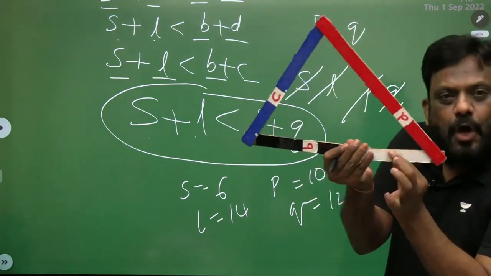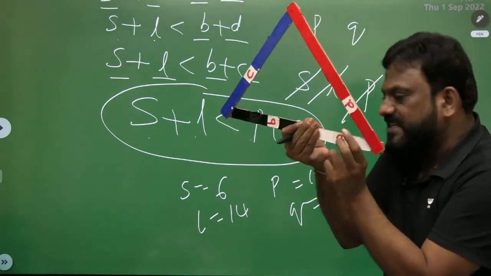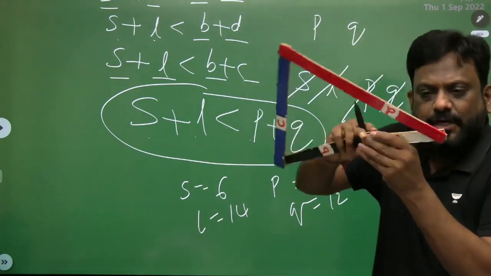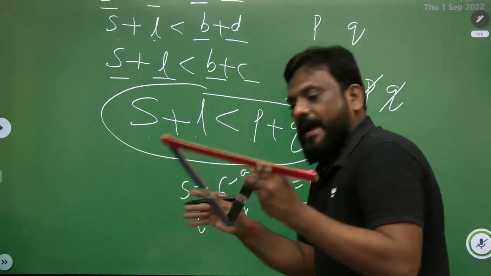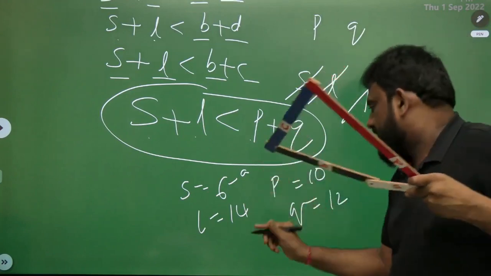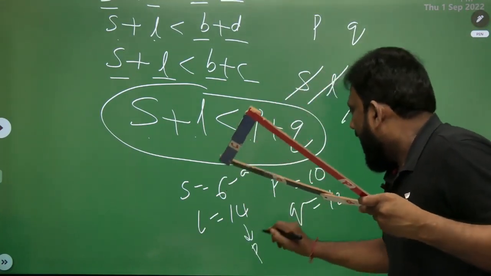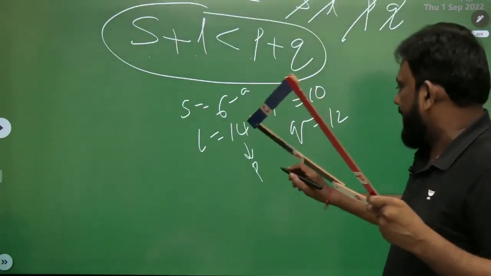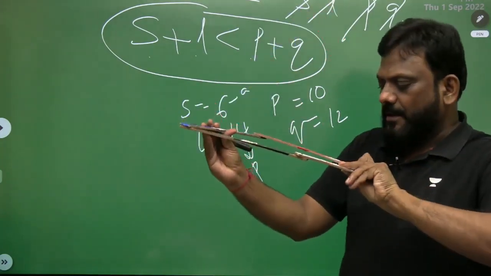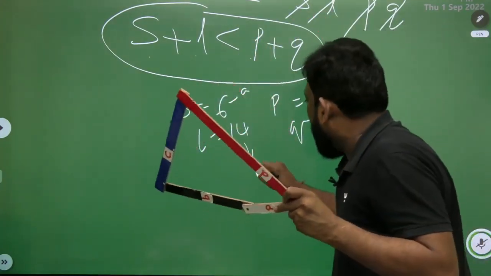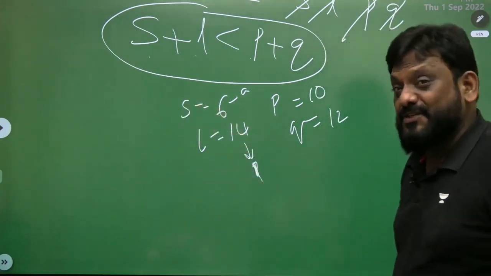This shortest link size is 6 inch, A is the shortest link, and the longest link is D. I'm sorry, I took D as the longest link. Now see whether the condition is satisfied or not.